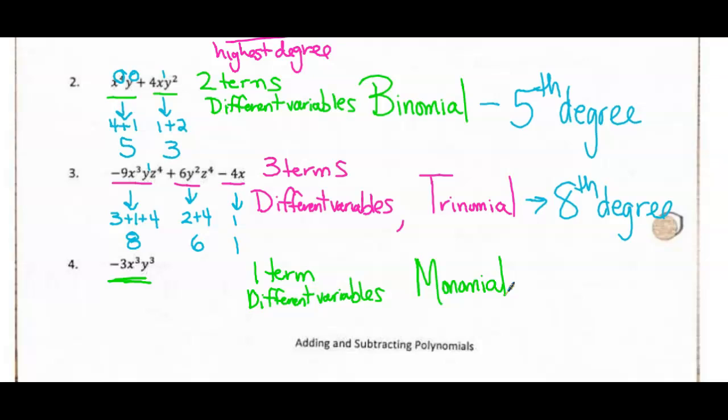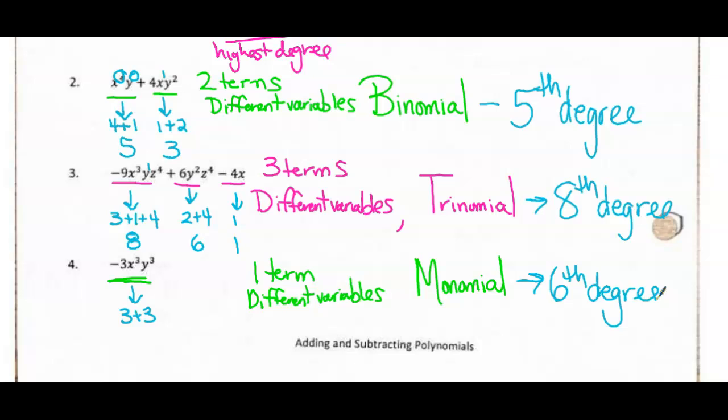And remember, when there are different variables, you have to add all the powers, degrees, individually. 3 and 3. So this would be the 6th degree. And that's how we classify polynomials by term and degree.